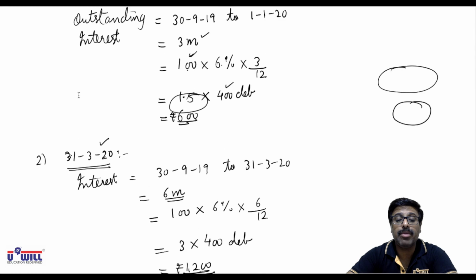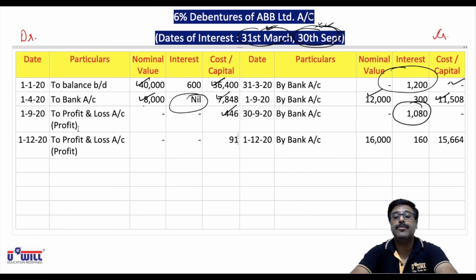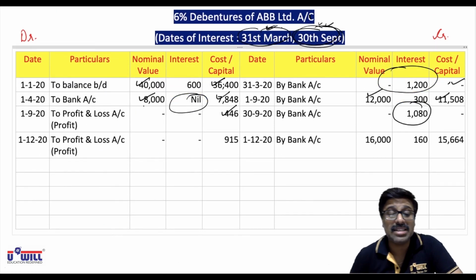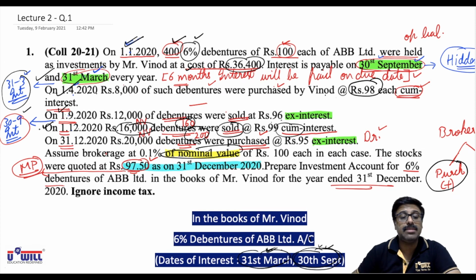So all of it down in profit, last column 915. So this transaction is also completely recorded, 1st December.